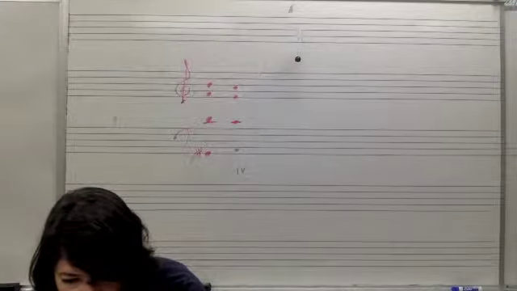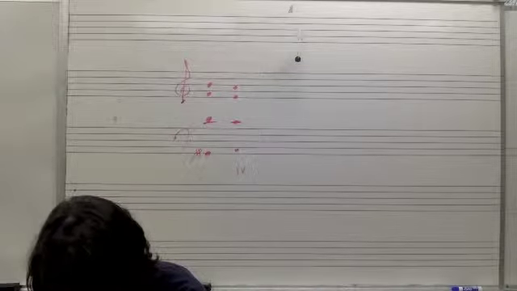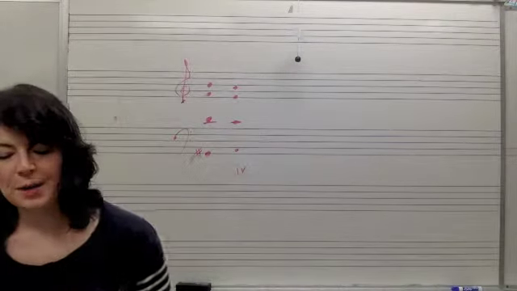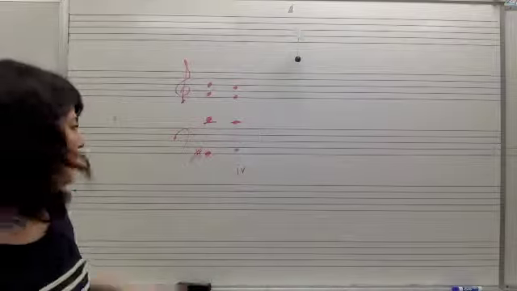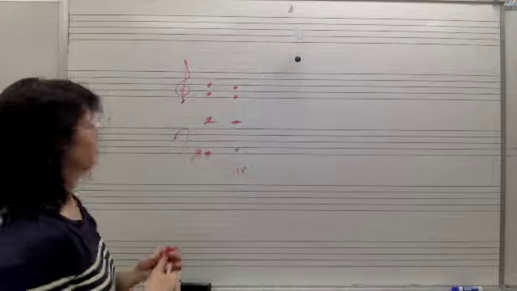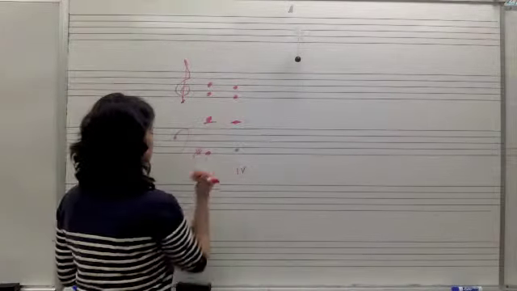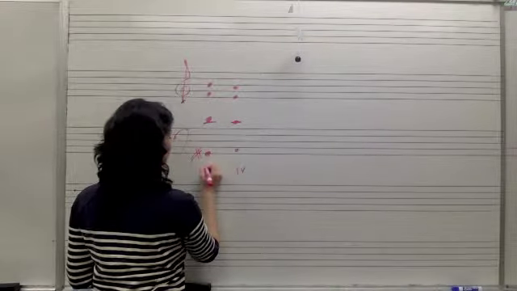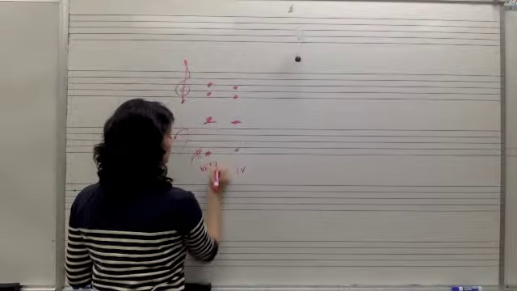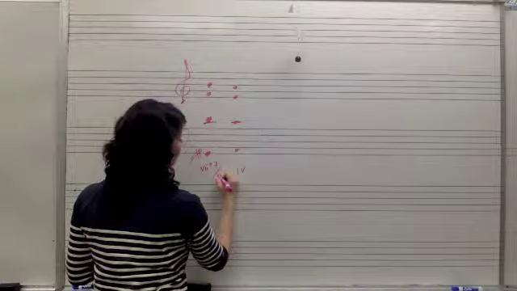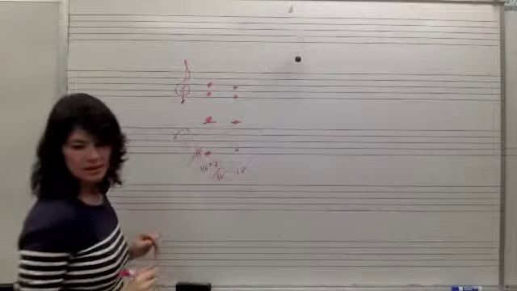So up to A. All right? So this suddenly becomes a 7, diminished 7 of 6. All right?